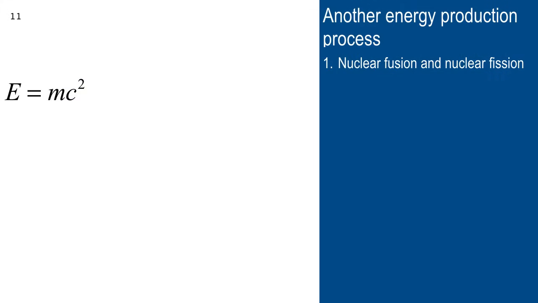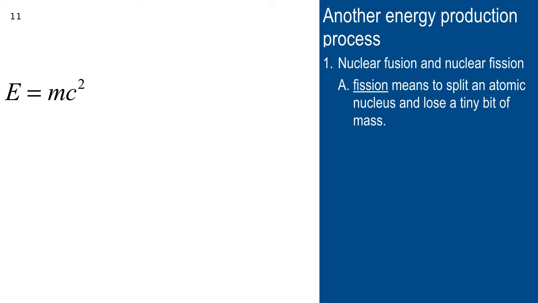Now, I want to go through another energy production process with you, and this is the nuclear process using the famous equation E equals mc squared. Albert Einstein is the one that developed this for the first time, and nuclear power is derived from this, because what we think happens is that the nucleus of an atom, if you split it or if you fuse it together with another nucleus, you can produce energy.